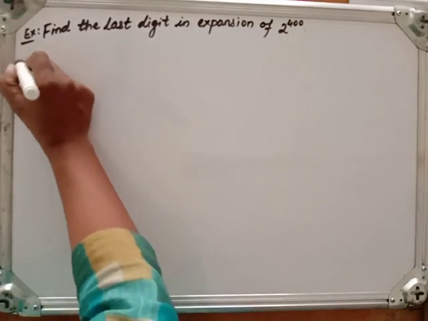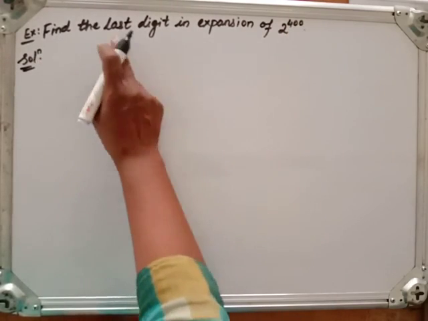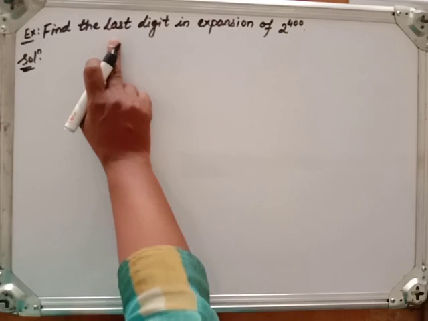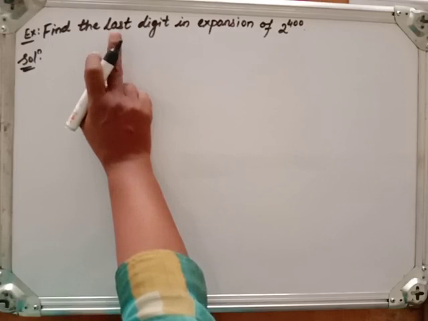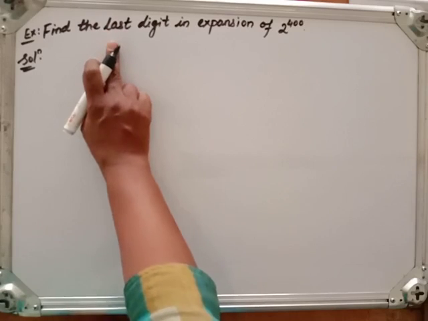Now the solution. We have already solved such a kind of question. Last digit means unit digit we have to find, so we will take modulo 10. If last 2 digits, then we will take modulo 100. If last 3 digits, we will take modulo 1000. As such, I had already explained this previously.